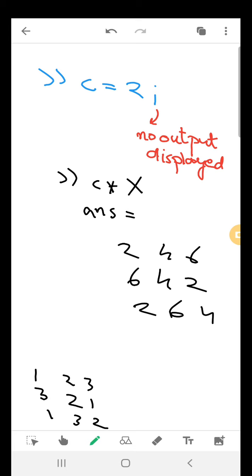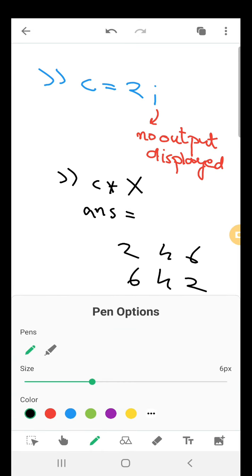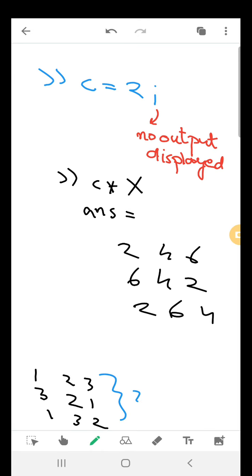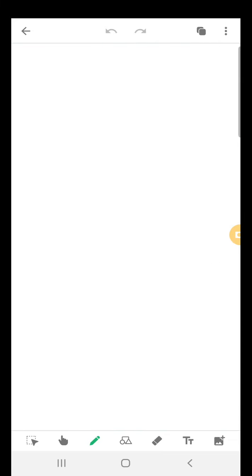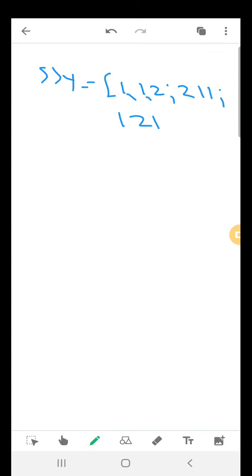Now this is a matrix of order 3 cross 3. So if we have another matrix, say Y, we will assign 1, 1, 2, 2, 1, 1, and 1, 2, 1.